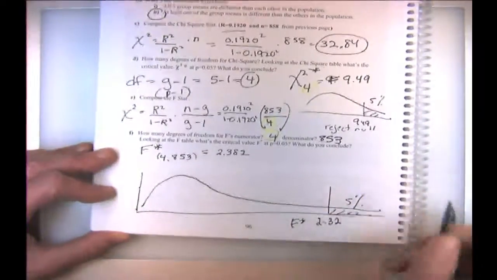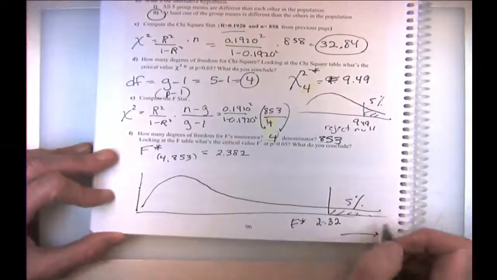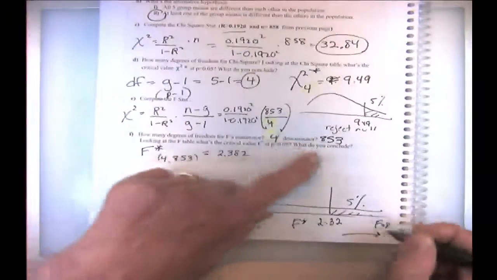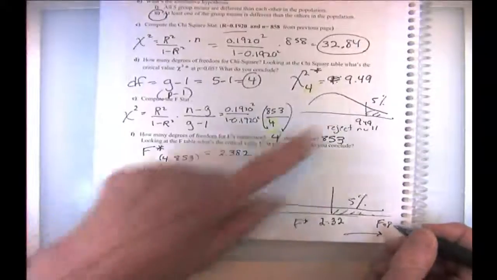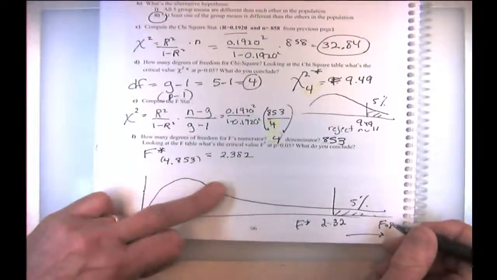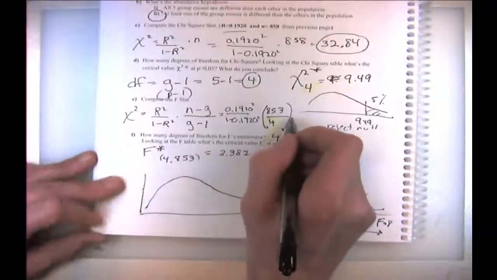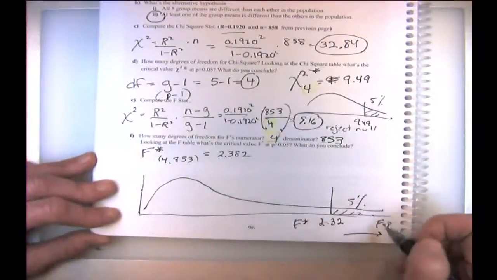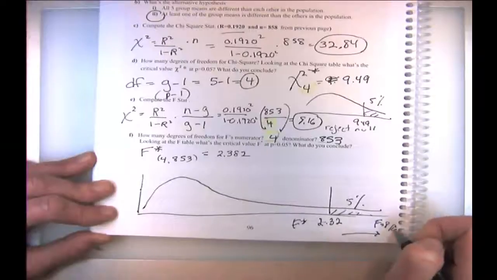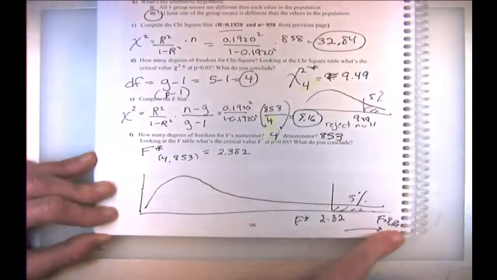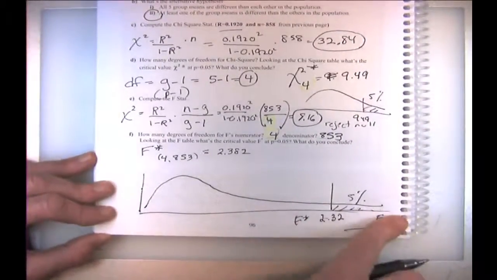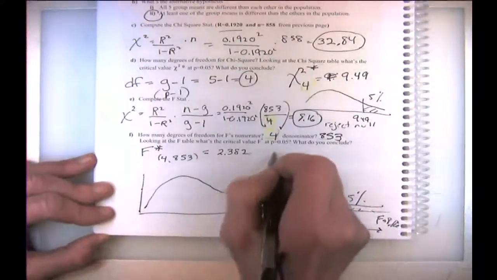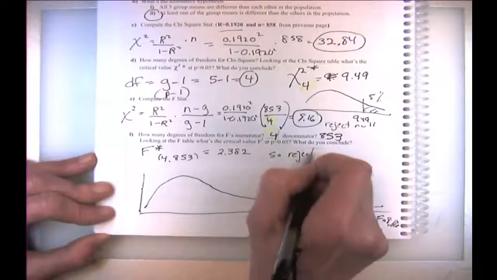Our F is 8.16. So do we reject the null? Look how far out we are. It doesn't look like it's due to random variation. So reject the null and conclude at least one of those groups is different. And next time we're going to look at which one's different.